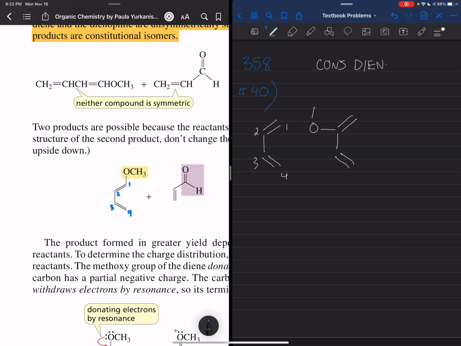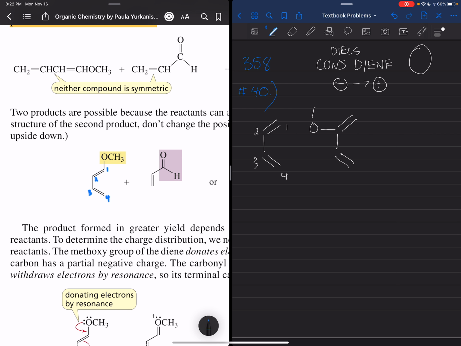This is Diels-Alder. If we can, we want to connect negative to positive. We're making a cycle. We're making a cyclic compound as our end result, okay? So first thing we need to look at is, is this conjugated diene symmetrical? No, it is not, okay? So what does this mean?